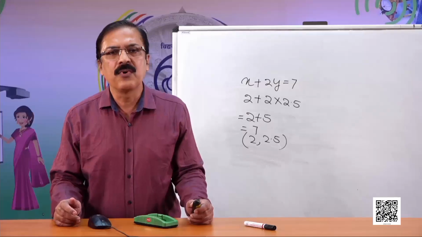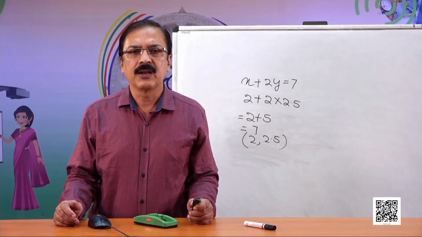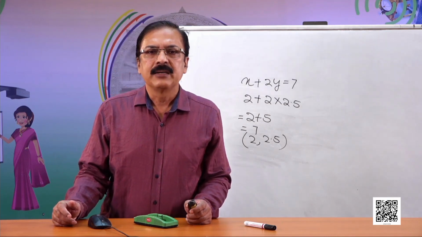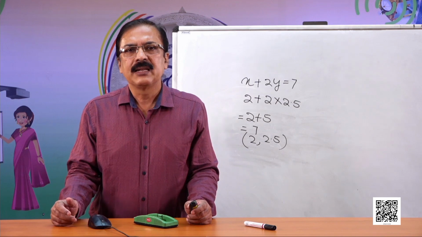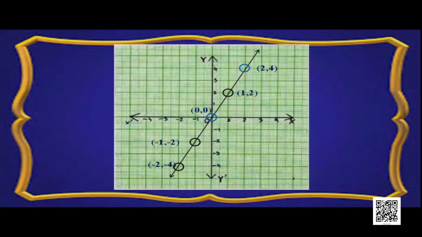So 2, 4 is a solution. It passes through the origin. If we put the value of x as 0, then 2 into 0 gives 0. So 0, 0 is also a solution to this equation.